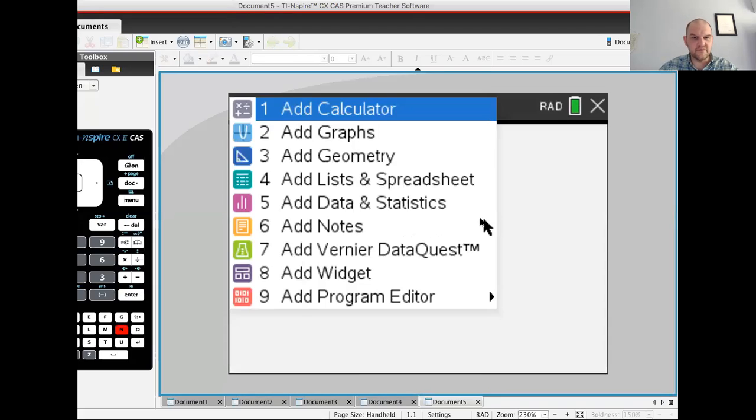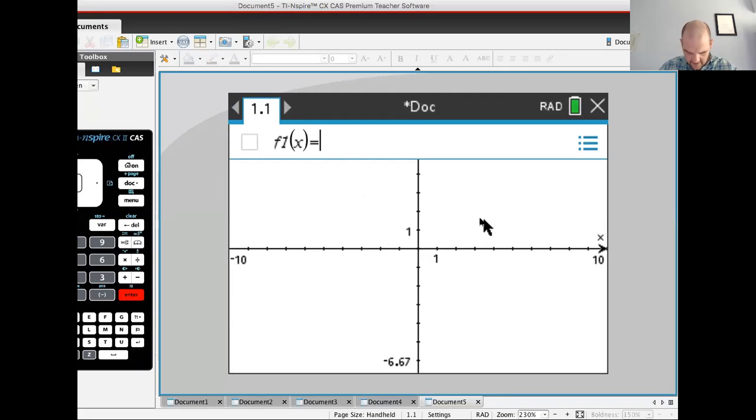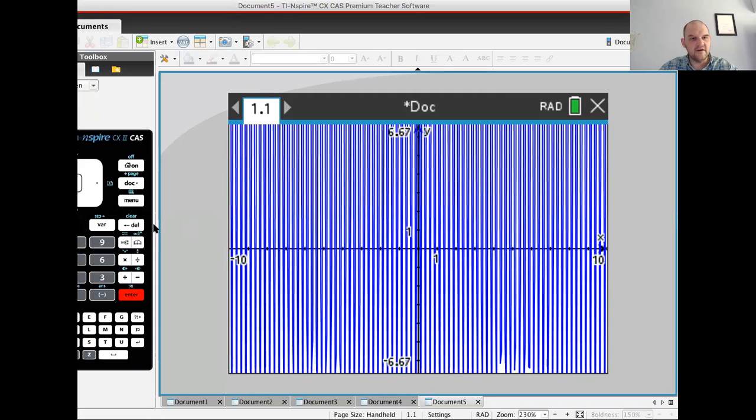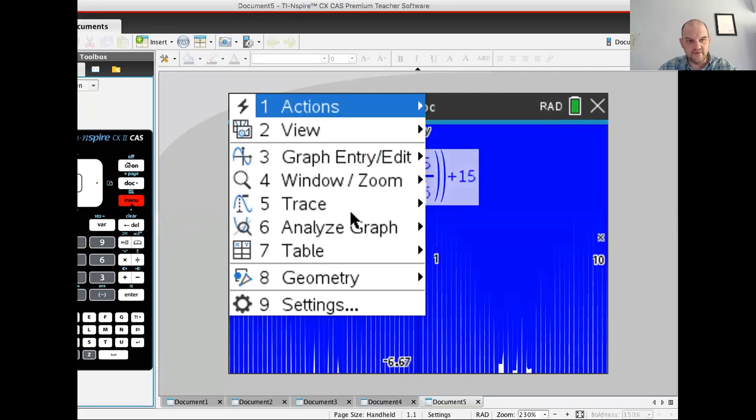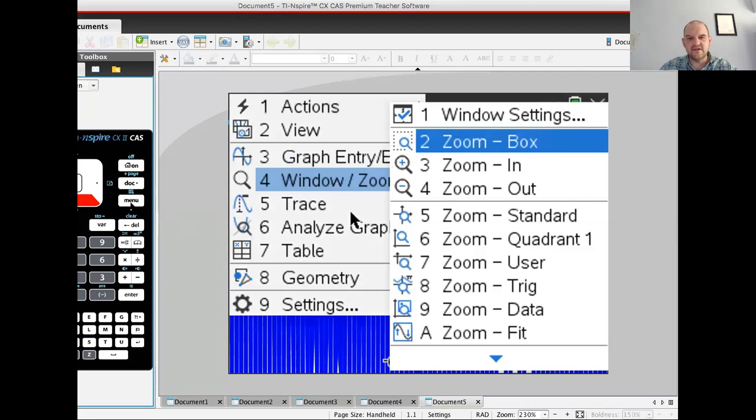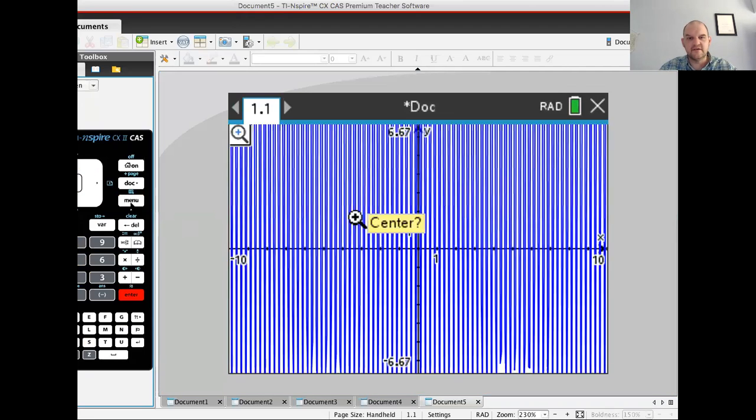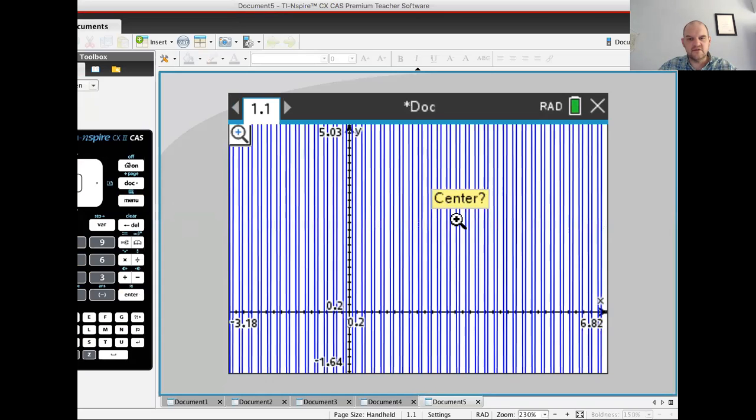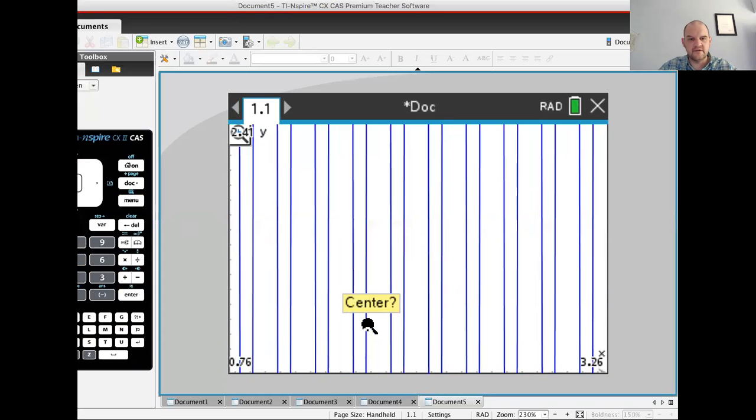So I'm going to start a new document. Graph negative 30 sine, I'll start with the big one, 8 pi times the quantity x plus 75/16, plus 15. Holy cow. Oh yeah, because it has a really small period. So let me zoom in. I'm seeing way too much, right?